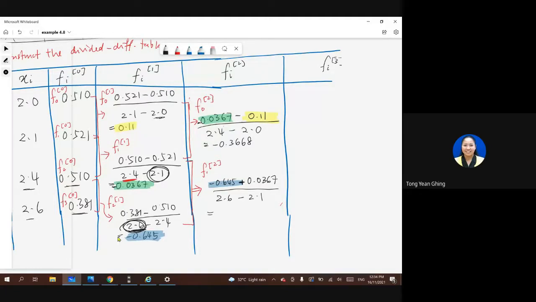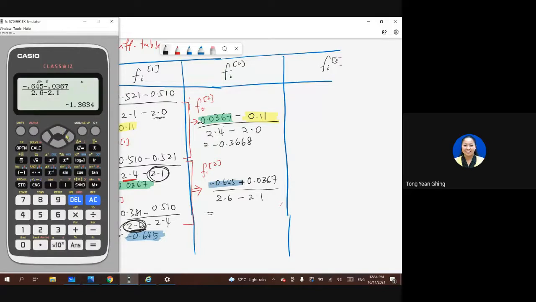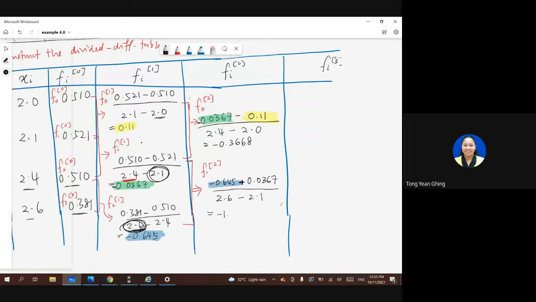So this one becomes plus. So the answer is negative 1.2166. Okay. So now the last divided difference, third degree, take these two.